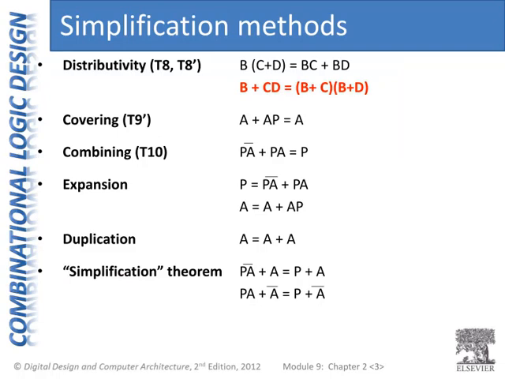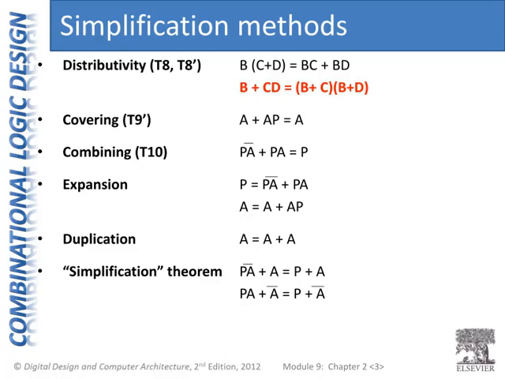So let's show an example of using distributivity, specifically T8 prime, in the reverse direction, where we'll go from B or C, quantity and B or D, and turn that into B or C and D. So this is that weird distributivity where the or distributes across the and. B or C and B or D.